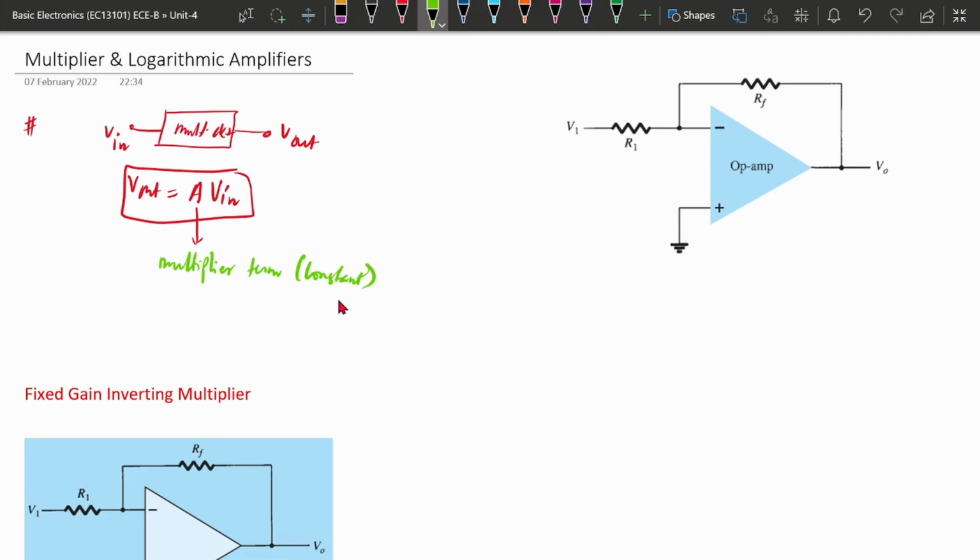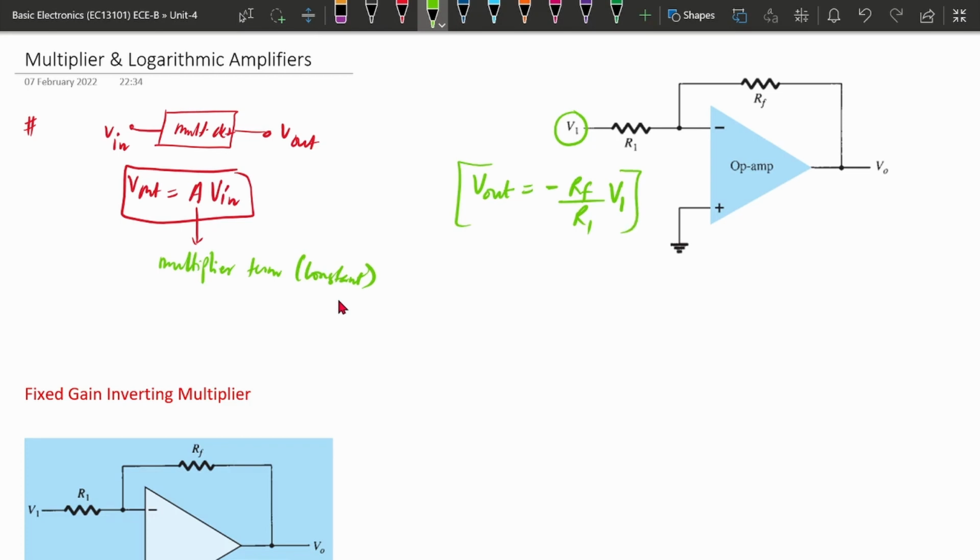A similar structure we have already seen in the basic operational amplifier. In this basic amplifier, the input we provide is at the inverting terminal. So the output will be minus Rf by R1 into the input, that is V1, in the case of the inverting type of basic operational amplifier.